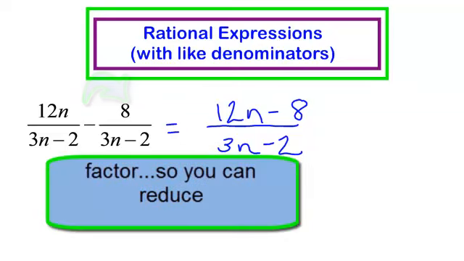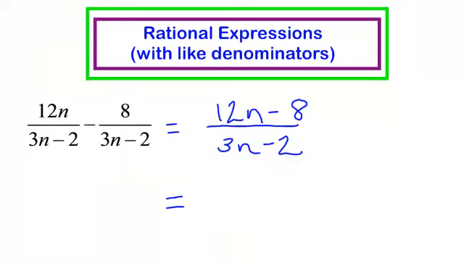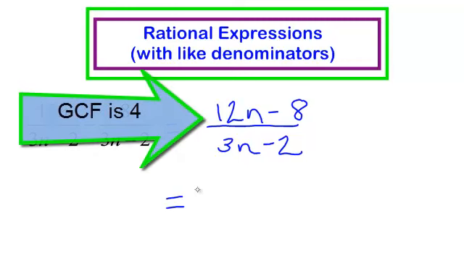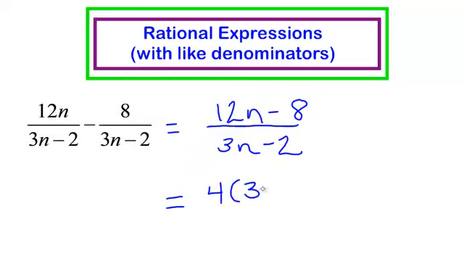I have to reduce. In the numerator, 12n minus 8, I have to factor that. And it does have a GCF of 4. I will pull out the 4. 4 times 3n is 12n, and 4 times a negative 2 is negative 8. So I factored the numerator.